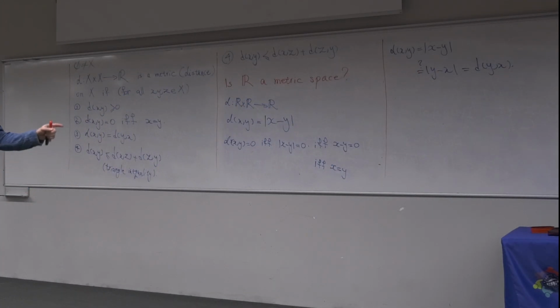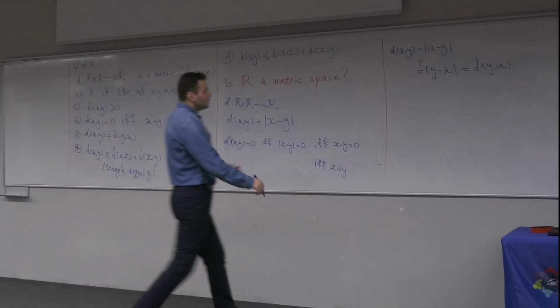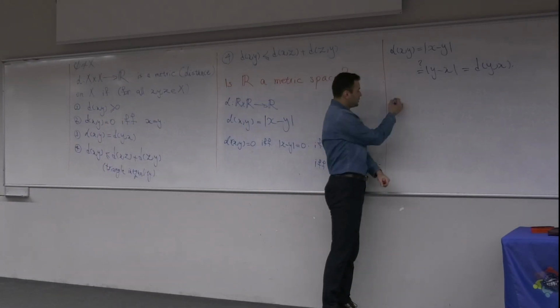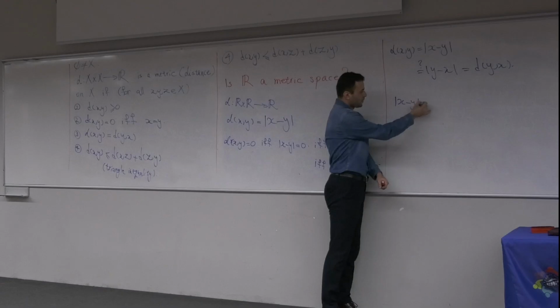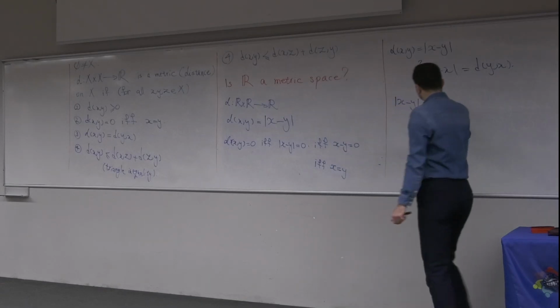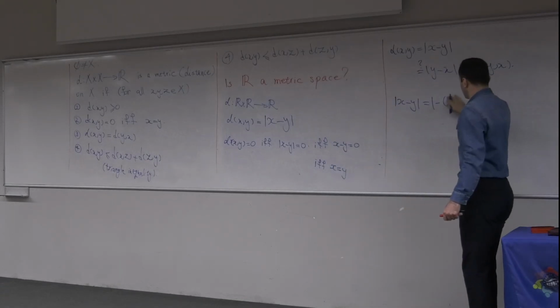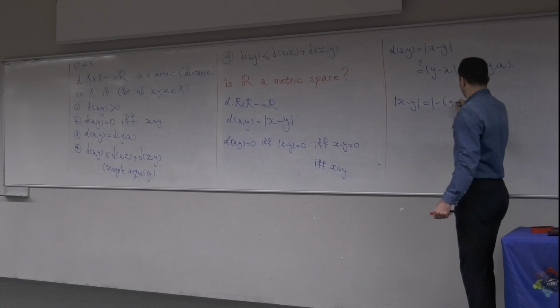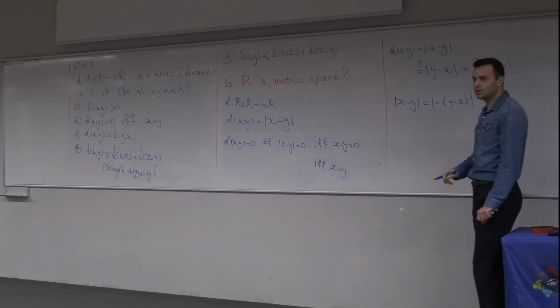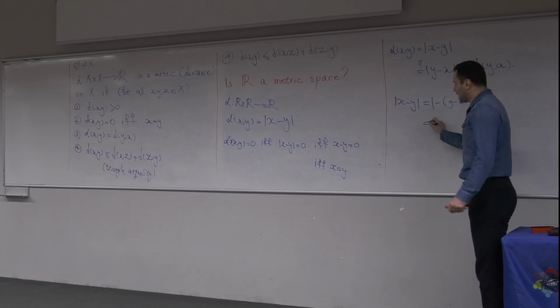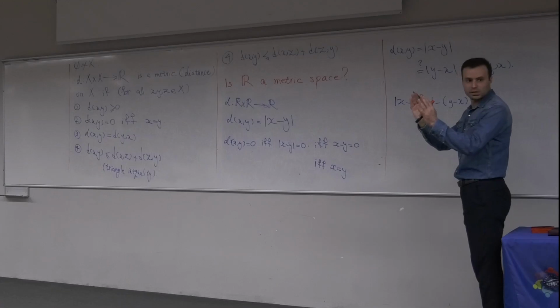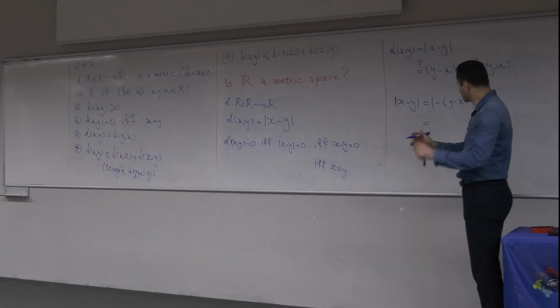Okay? Why is that true? Because absolute value will be positive in this term. If you have x minus y, then we can take the factor out of this minus, which is going to be y minus x. And we know that the absolute value of a product of two numbers is the product of their absolute values.